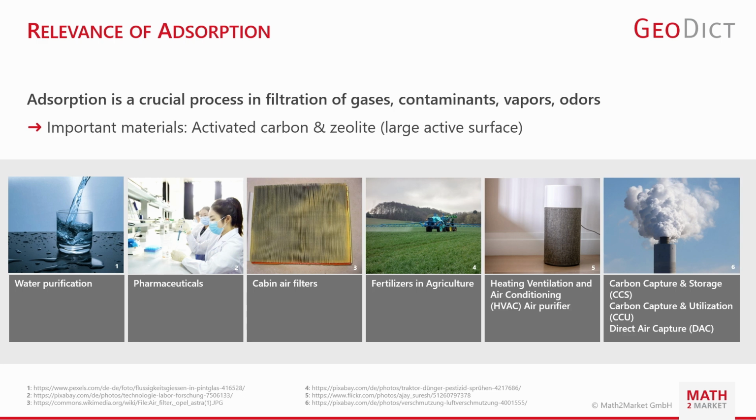In terms of protection and climate change, the extraction of carbon from industrial processes and the atmosphere itself has gained significant importance in recent years. Carbon capture and storage, or direct air capture, are directly linked to adsorption-based processes and can be optimized using GeoDict. And that's what we're going to look at today.